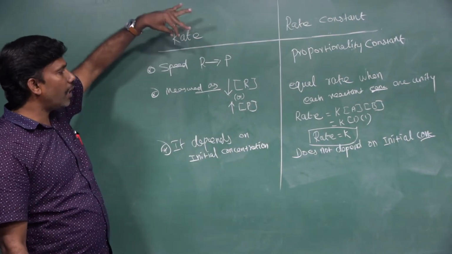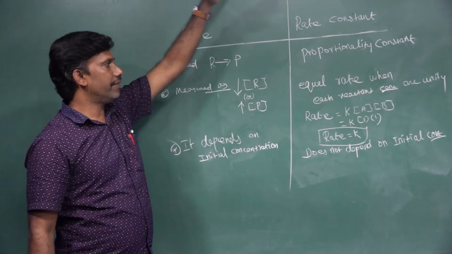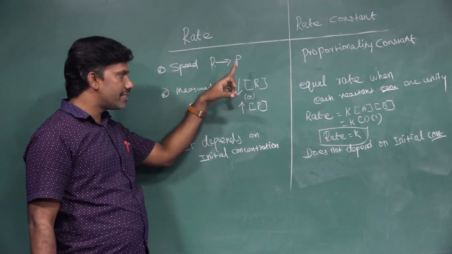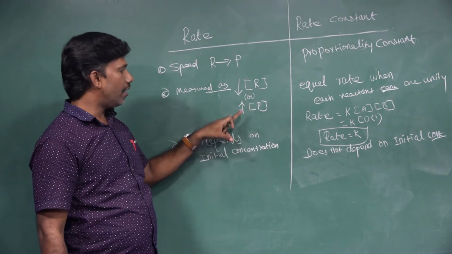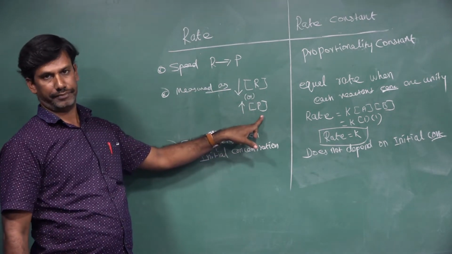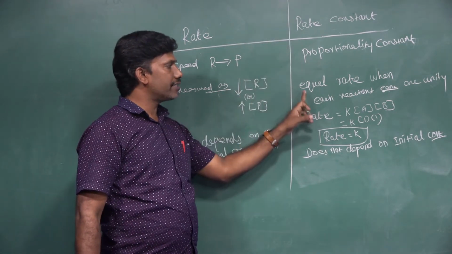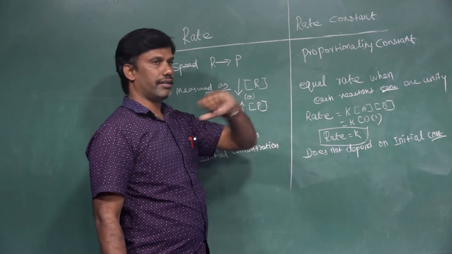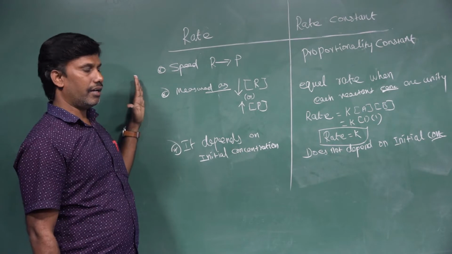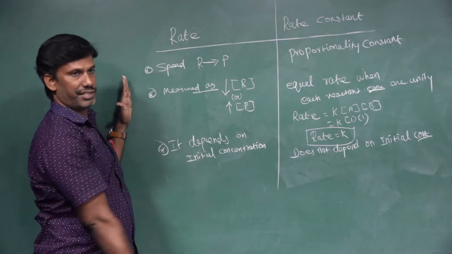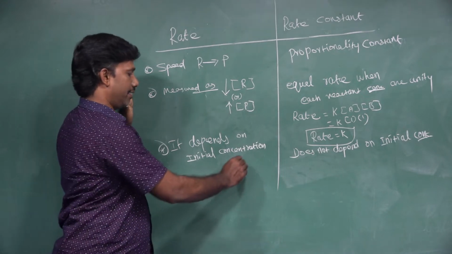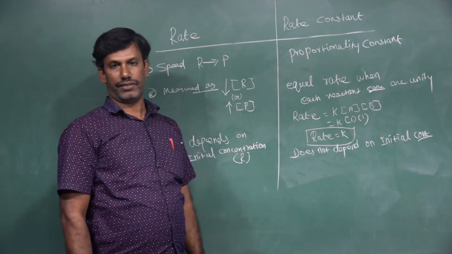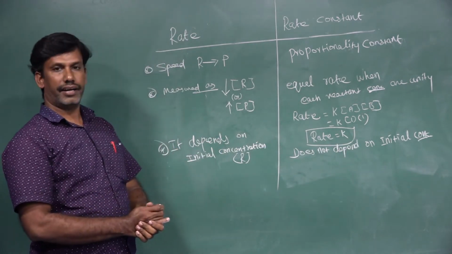Rate is the speed of the reaction, how reactant becomes product, whereas the rate constant is simply a proportionality constant. Then rate is measured as the decrease in the concentration of reactant or the increase in the concentration of product, whereas the rate constant is equal to the rate when each reactant concentration is unity. The rate always depends on the initial concentration of reactant taken in a reaction, while the rate constant does not. This is the comparison between the rate and rate constant.